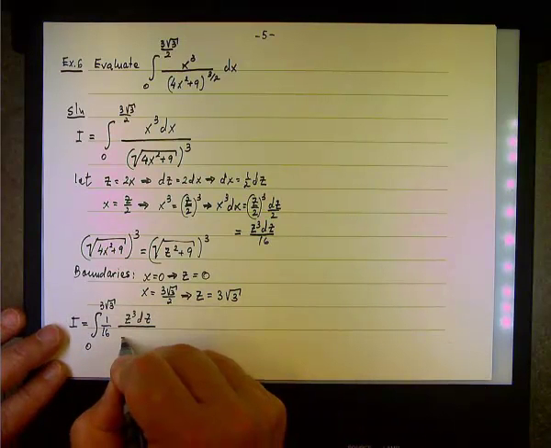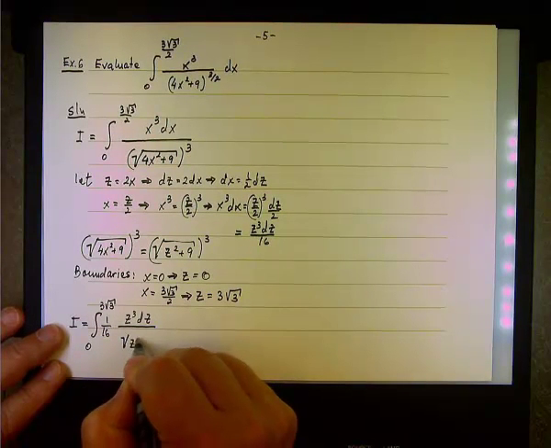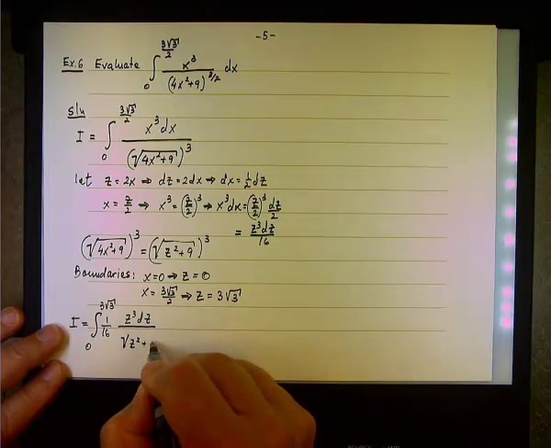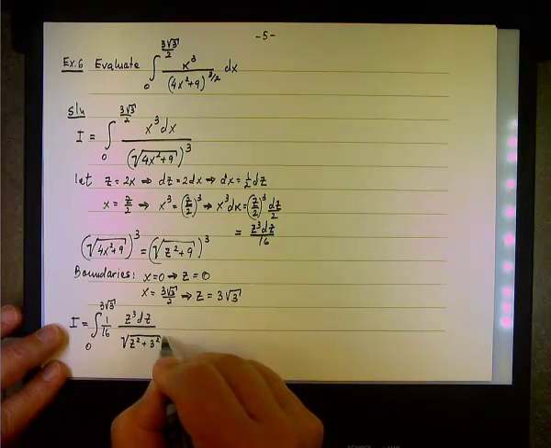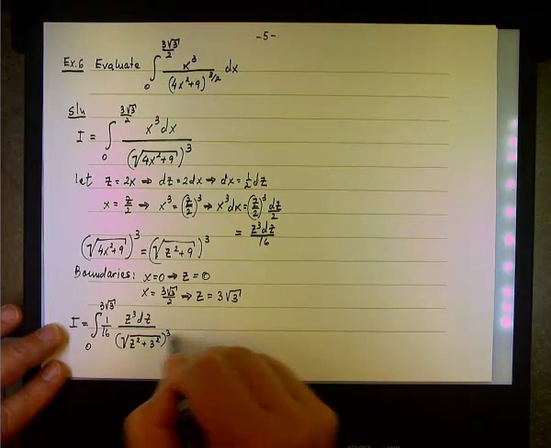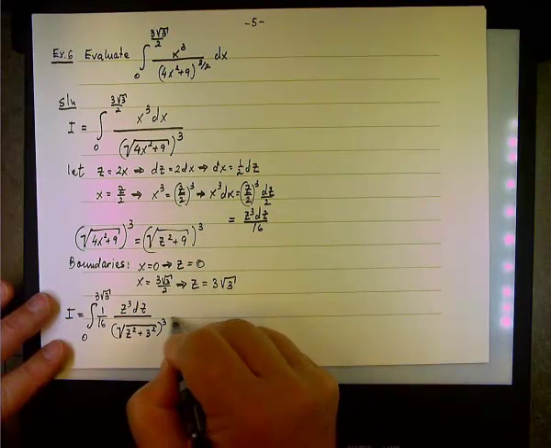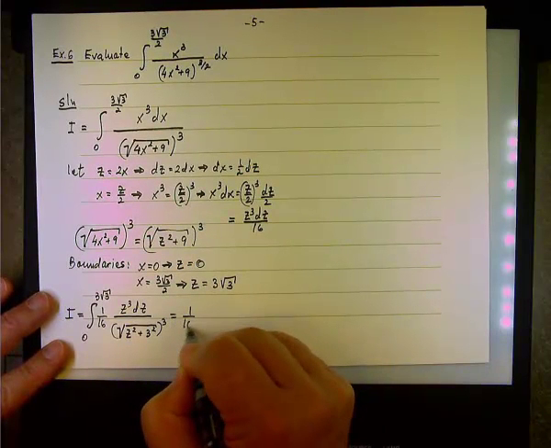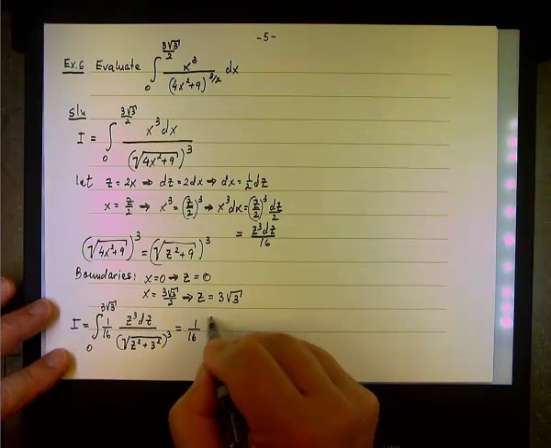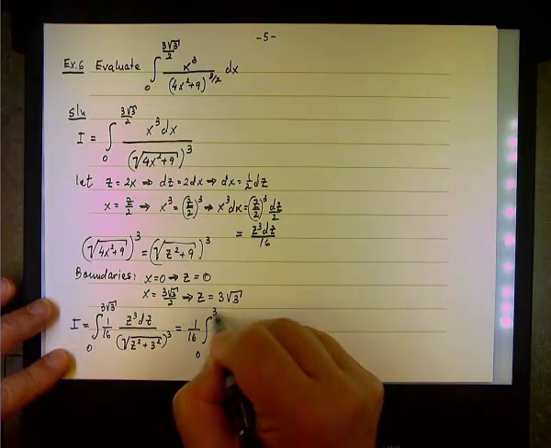The denominator will be the square root of z squared plus, I'll write it as 3 squared instead of 9, all of it cubed, okay? And because I forgot to take the 1 over 16 outside, I'll write it again. This time I'll do it.